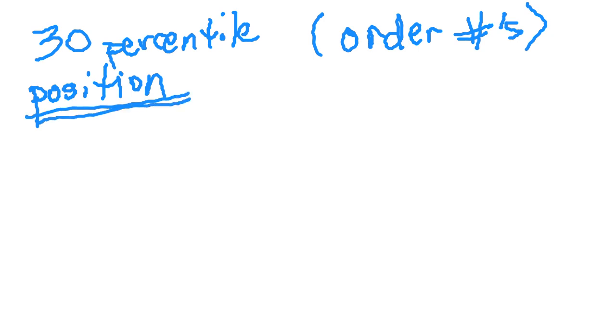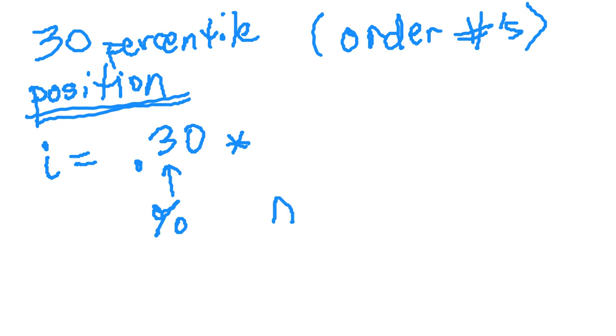Okay, so we find i is equal to the percent, which is 0.30. Okay, so this is the percent that you want, and in our case is 30. Again, that's just my number for this example. And then you multiply it by n, the number of numbers in your data, and we had 50 numbers.